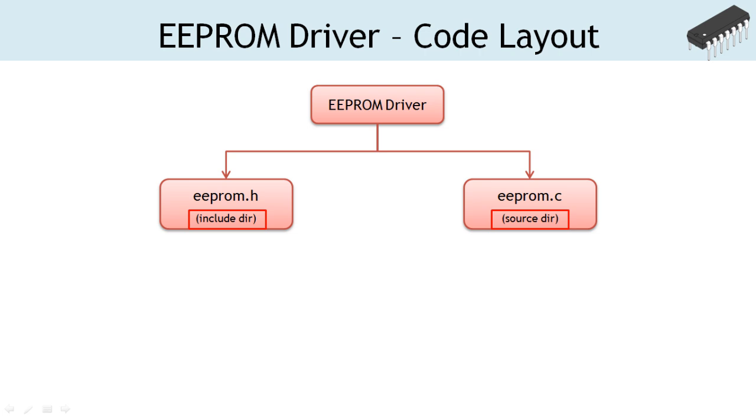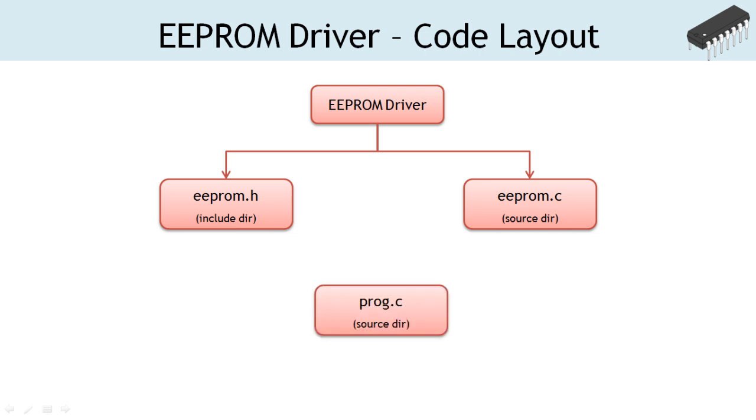The source file contains the implementation of the functions and a variable for internal use. The include and the source directories also contain other files such as usart.h and usart.c, util.h and util.c, and several other .h and .c files.